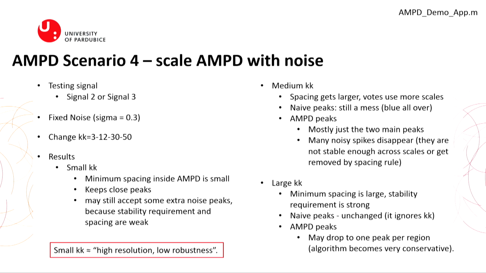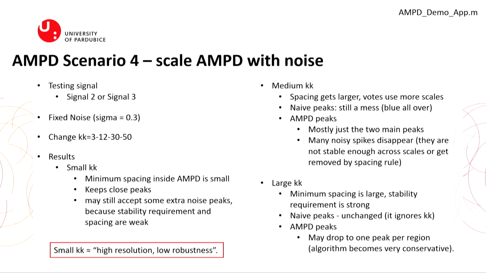And the last one is scale with noise, the influence of KK. A small parameter gives high resolution, but low robustness. I could show you a lot of results that are not true. They are just local maxima, but we don't want these local maxima from the point of view of DSC. With medium KK, the spacing gets larger, it uses more scales.